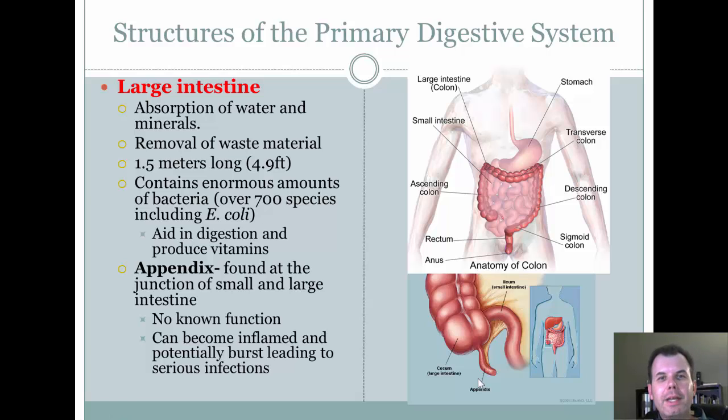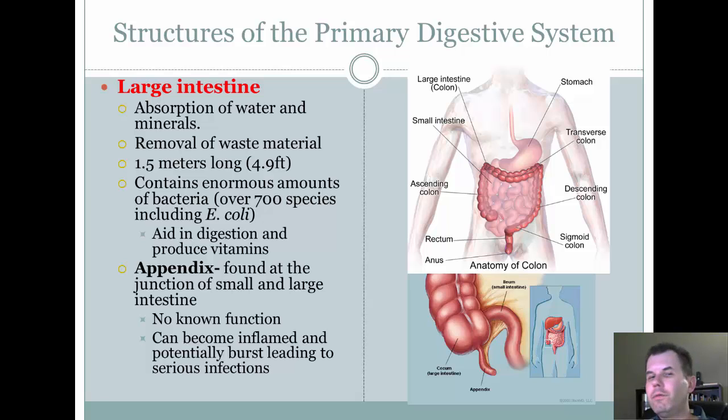That open body cavity is actually sterile, and all that bacteria gets in there. You can get a serious bacterial infection called peritonitis, and that can be deadly if you don't get treated in time. So a ruptured appendix can be life-threatening if you don't get it fixed in time. During the surgery, they go in, remove the appendix, sew it up, and then you never have a problem again.